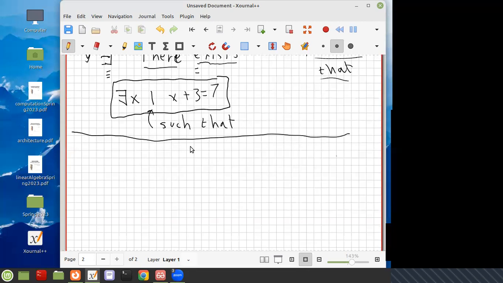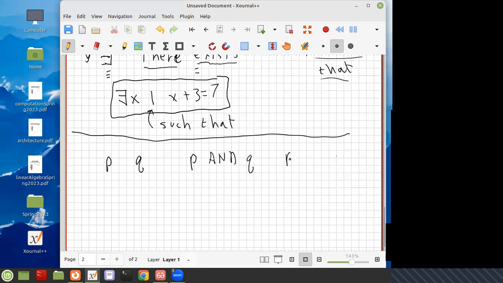There are different ways that you can combine equations or propositions to make compound propositions or relationships. Let me introduce some of these. For example, if I have two propositions P and Q, you could think of these as like equations, and we can combine them with an and symbol.